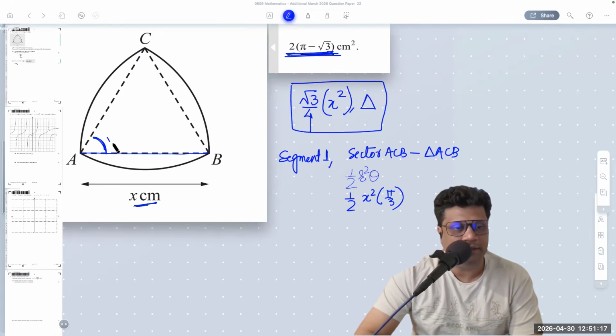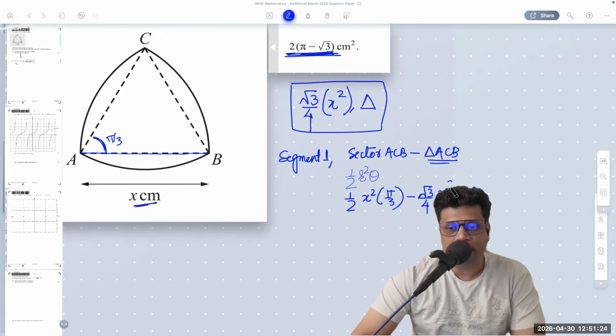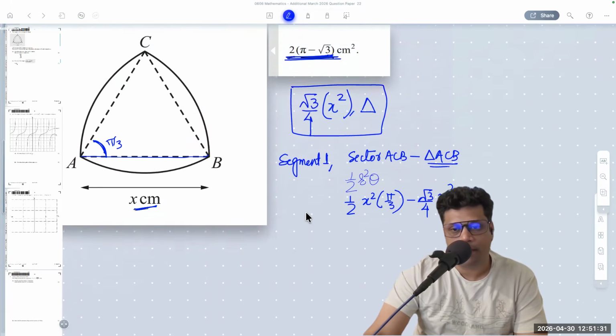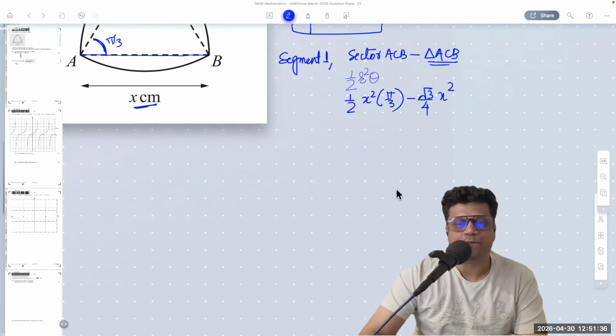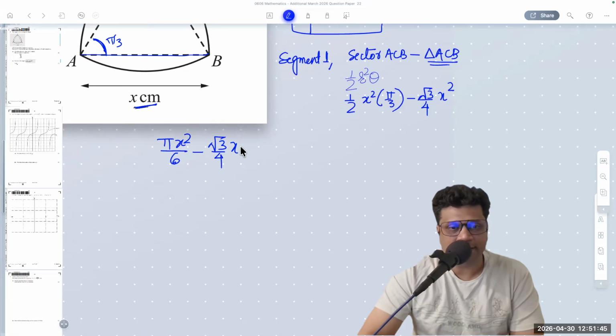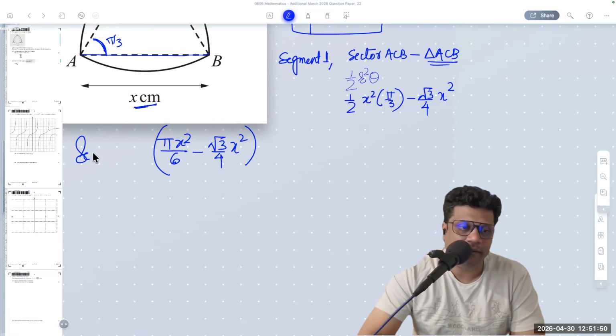This angle is pi by 3, minus area of that triangle, root 3 by 4 x square. Okay, let's simplify this now. So it comes out to be pi x square by 6 minus root 3 by 4 x square. That is the area of the segment.